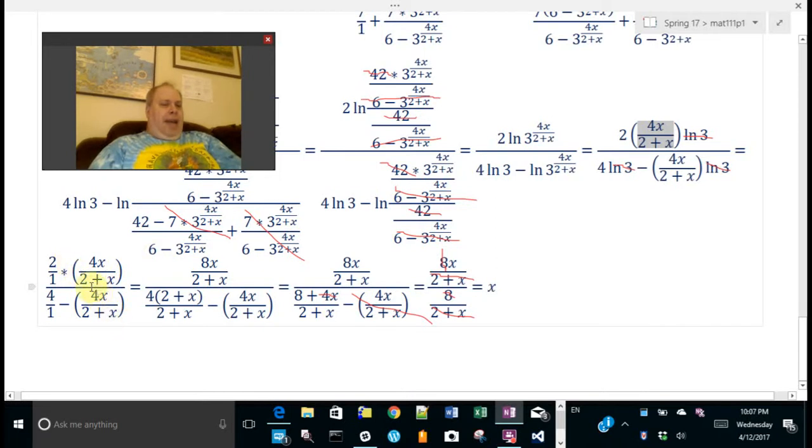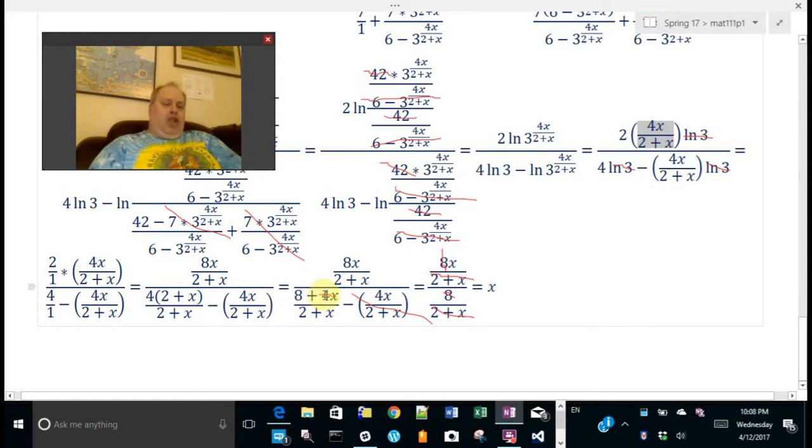Now, these two can't cancel because one is a factor and this isn't. So we do 2 times 4, which becomes 8x. And for this guy, we use a common denominator, putting 2 plus x on the top and bottom, because 4 times 2 plus x over 2 plus x is just 4. We multiply the 4 and get 8: 4 times 2 is 8, and 4 times x is 4x.